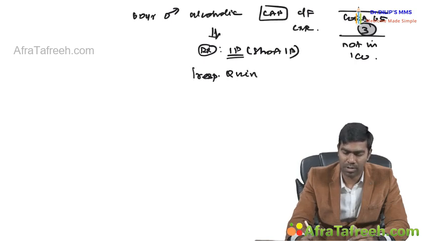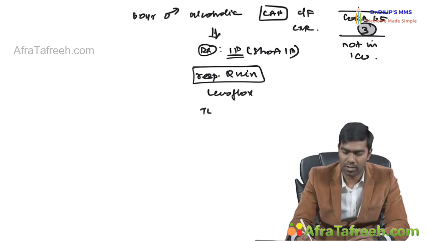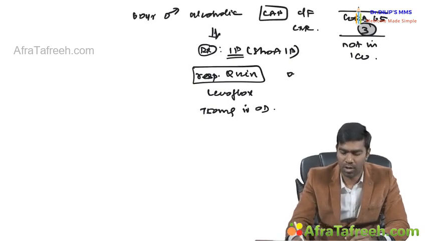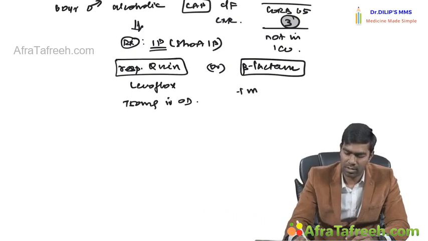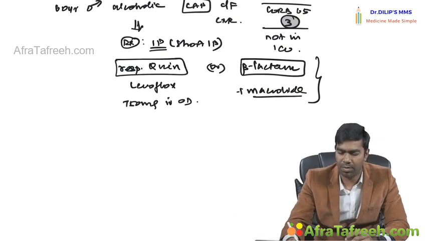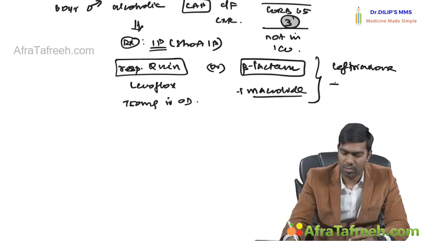I'll be using a respiratory quinolone, like levofloxacin. I can use 750 milligram IV OD levofloxacin, or I can use a beta-lactam plus a macrolide. In this patient, typically I will prefer ceftriaxone plus azithromycin.